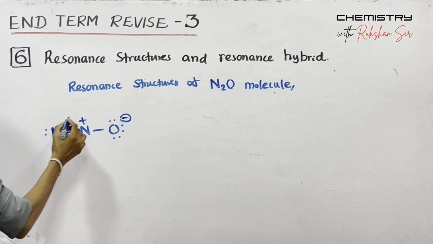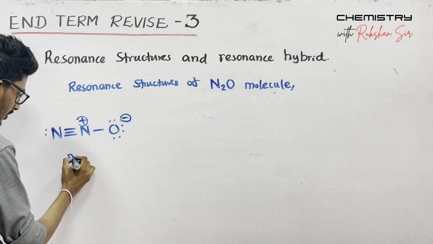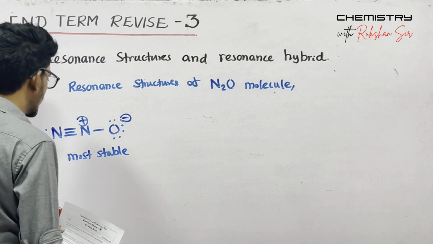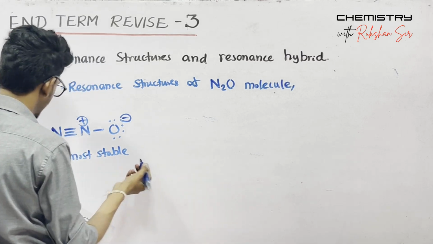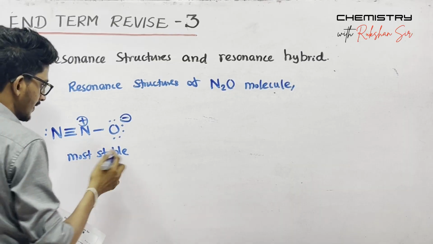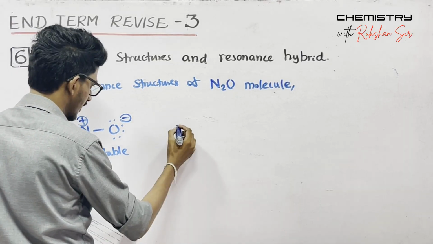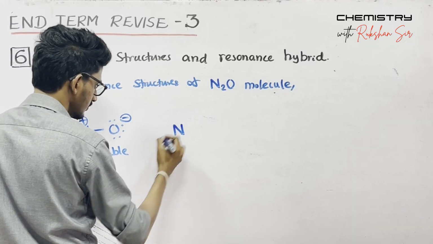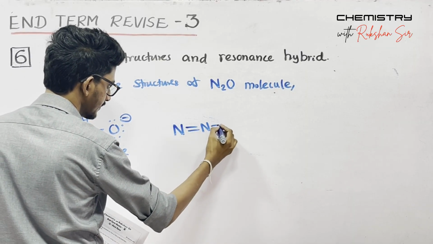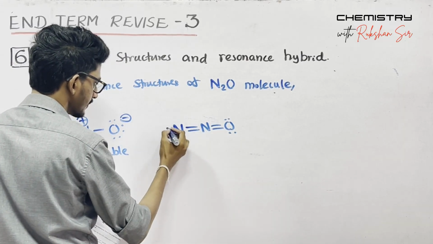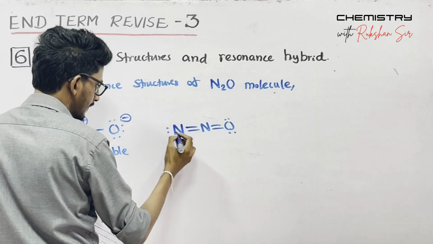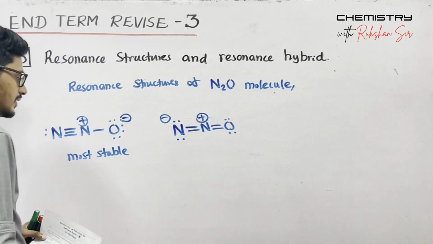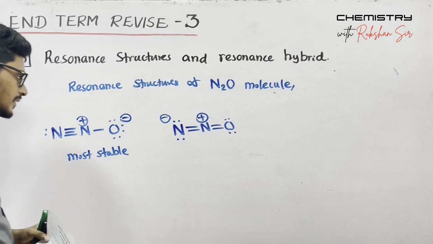Then you have some more structures that can be written like this. This is also a stable structure. There's no reason for this one to be considered less stable.